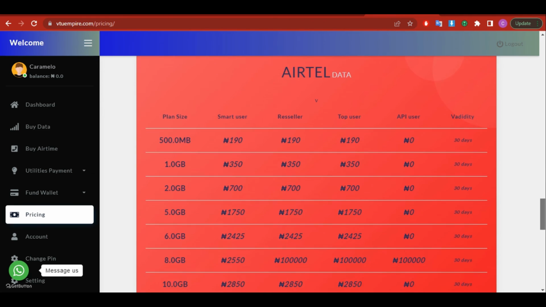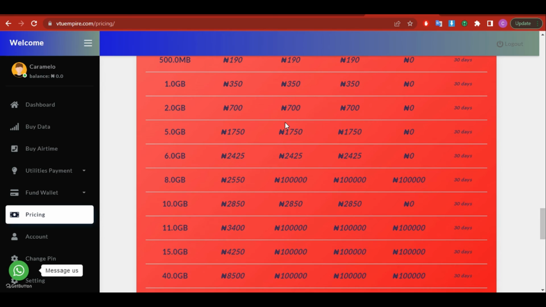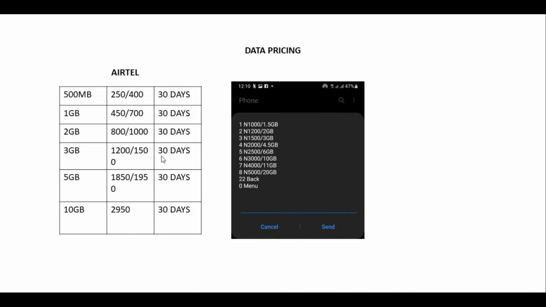For Airtel 1 gig, we're getting it at 350. And then we are selling at, it depends on your audience. If your audience doesn't have much, maybe 450, making 100 naira gain.